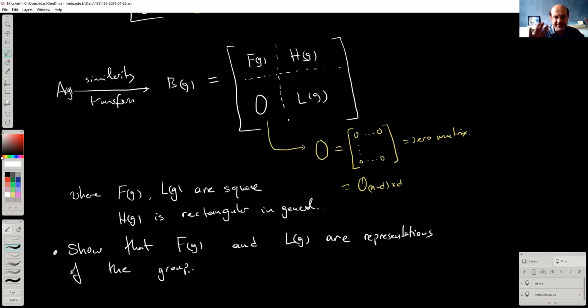So we're talking about the same group all the time. So if a big representation is reducible, by this method you can find smaller representations. Basically, the diagonal blocks would be smaller representations. This h of g is not a representation because it just satisfies some strange property that I don't want to mention here. It's not necessary to mention this.